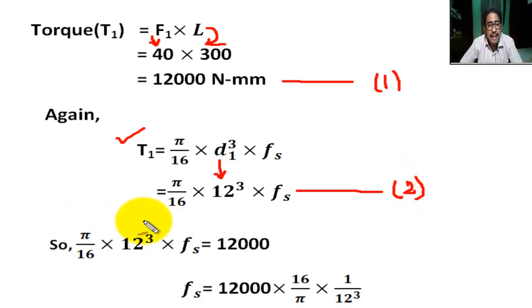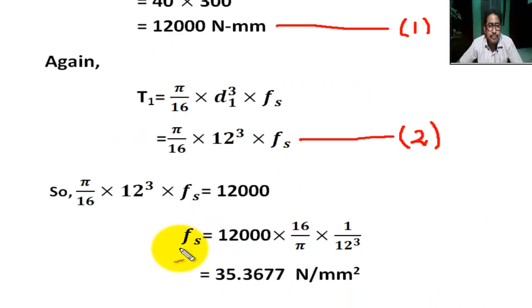Now, from equation 1 and 2, we can say pi by 16 into 12 cube into Fs equal to 1200. From this equation, we calculate value of Fs equal to 1200 into 16 by pi into 1 by 12 cube.